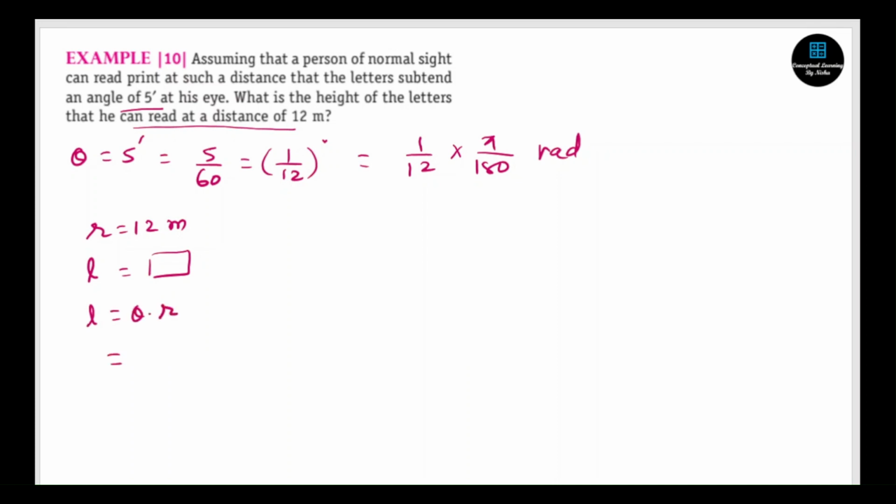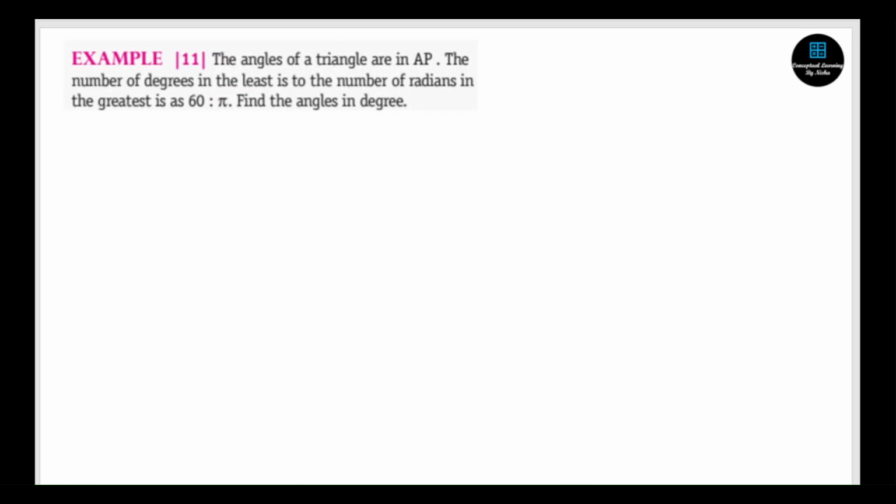So this gives me 1 over 12 times pi over 180 times 12. I can cancel out, and we get 1.7 centimeter. Alright. So the height of the letters is 1.7 centimeter. You have to write your final answer. Now, a very interesting question. The angles of a triangle are in AP.